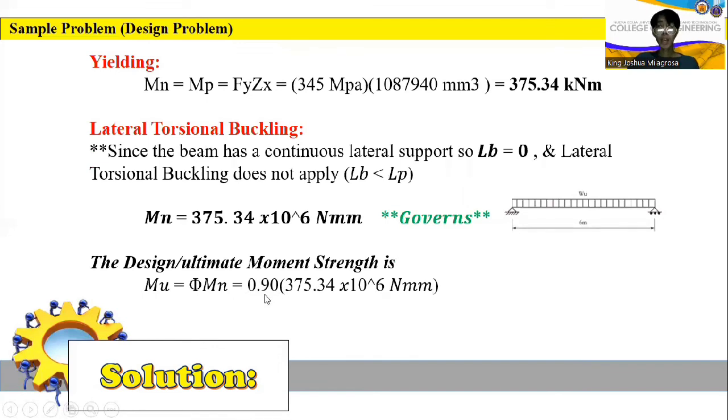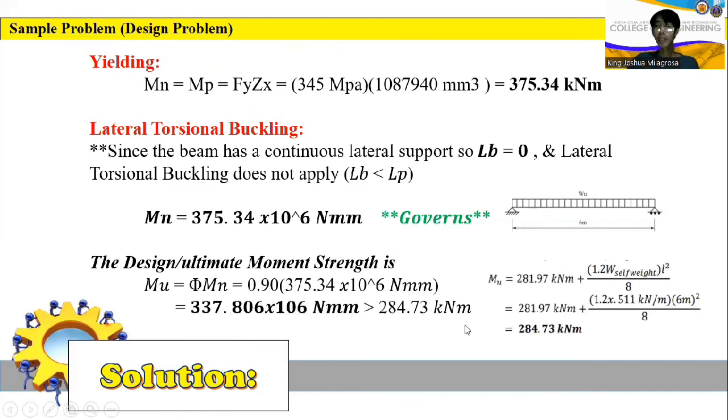So, by substituting na, 0.90 multiplied by 375.34 times 10 raised to 6 Newton millimeter, makukuha natin bago nating ultimate moment is 337.806 times 10 raised to 6 Newton millimeter, which is mas malaki siya kumpara sa na-compute natin kaninang MU na 284.73 kilonewton meter.